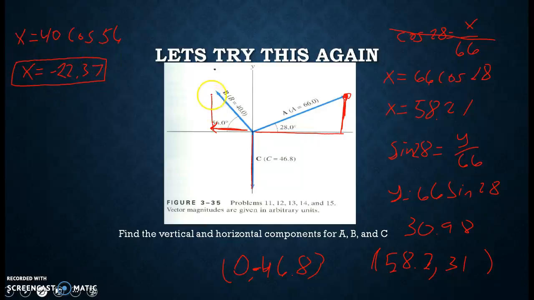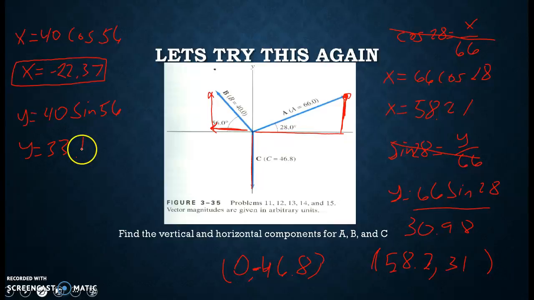And then to find the vertical component, I'm going to skip the first step and go straight to this step. To find y, I take the magnitude, which is 40, and multiply it times the sine of 56 degrees. If I take 40 times the sine of 56 degrees, that gives me 33.16.